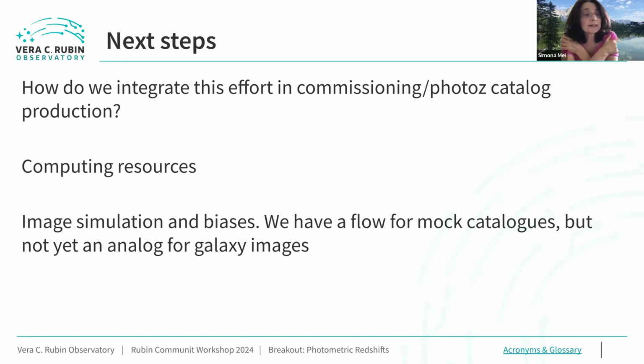This intern that we hired, who unfortunately didn't work on this at the end, was supposed to create an archive of galaxy images from DC2 on which to test the network. And I'm wondering, since we have a flow for mock catalogs, so that you saw that in RAIL there is a flow to create mock catalogs, to degrade them, and then test the networks, if we could have an analog for galaxy images.